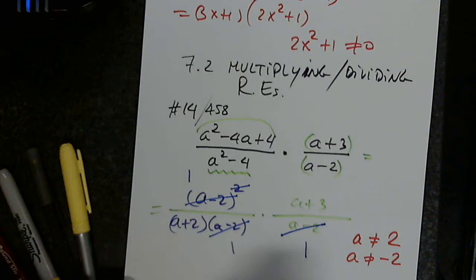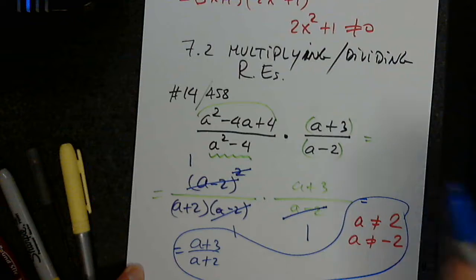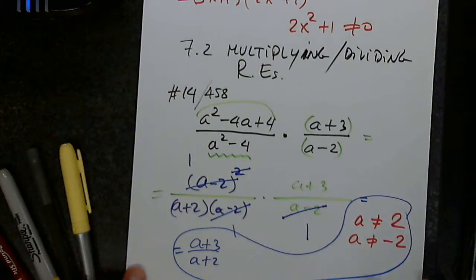There is nothing else. So the simplified form will be a plus 3 over a plus 2. Exactly. Very good. See? Excellent.